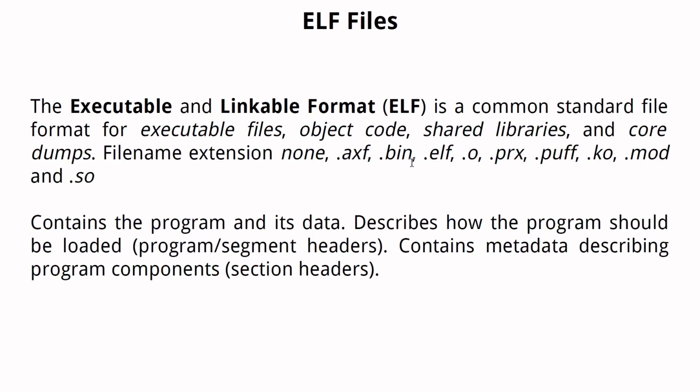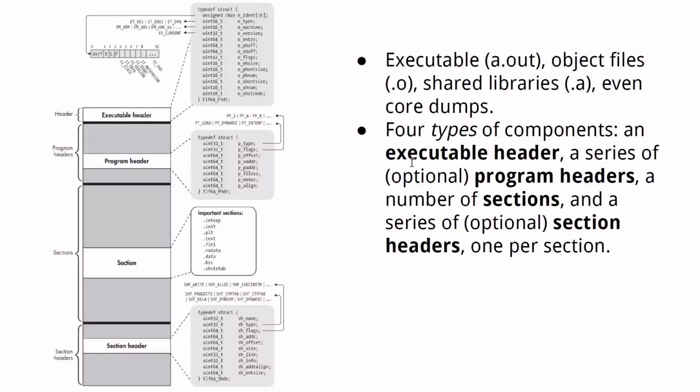One ELF file contains the program and also the data associated. It also has metadata that describes how a program should be loaded and executed. This is the structure of an ELF file. This is a file, okay?